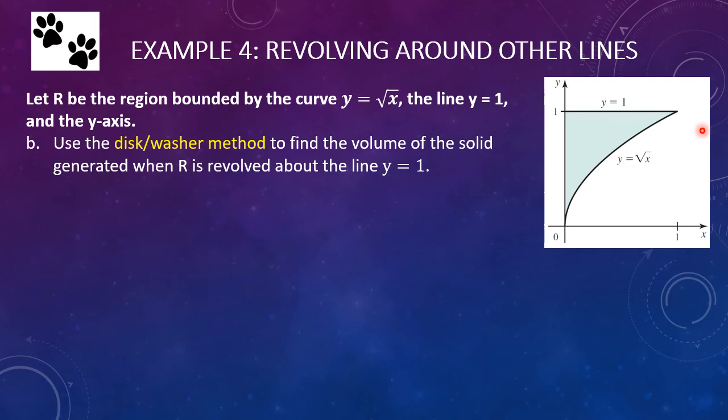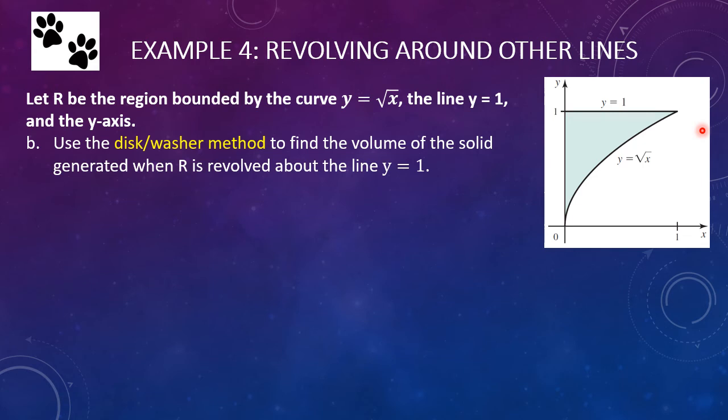And so going back to the disk washer method, remember that what we're doing now, instead of with the shell method, where you unroll the circle and the circumference is the length of the rectangle, so we're using length times width times thickness.